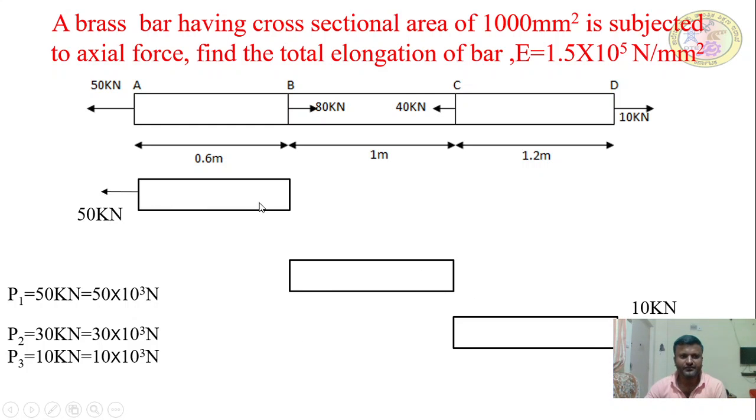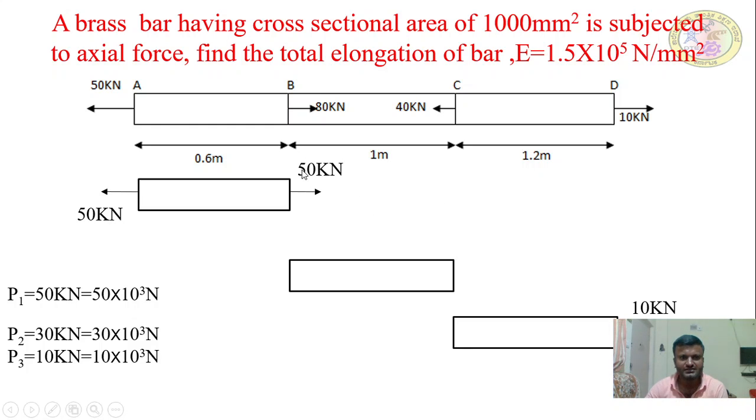The same 50 kilonewton force should be acting in this direction. Totally here, 80 kilonewton is given. It is compressing the member BC, right? 80 kilonewton. And out of this 80 kilonewton, 50 kilonewton is the tensile force for member AB, right?